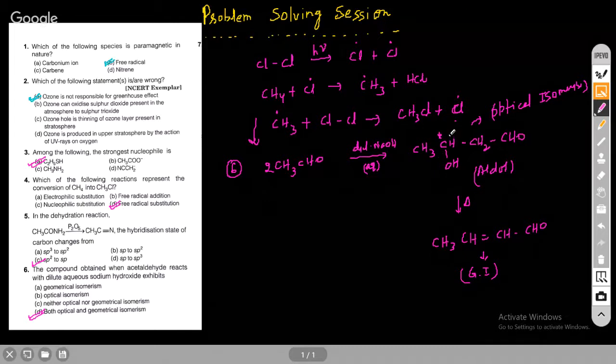What is the condition for a molecule to show optical activity? Condition for a molecule to show optical activity. Tell me. Final product won't show optical isomerism.